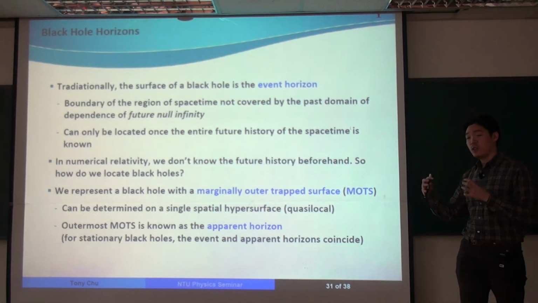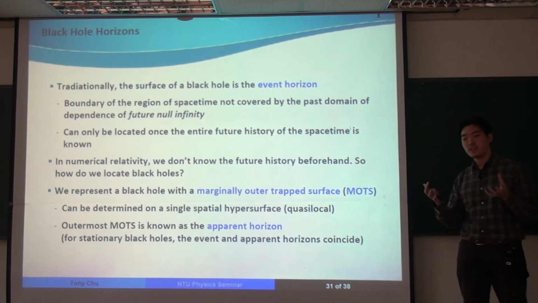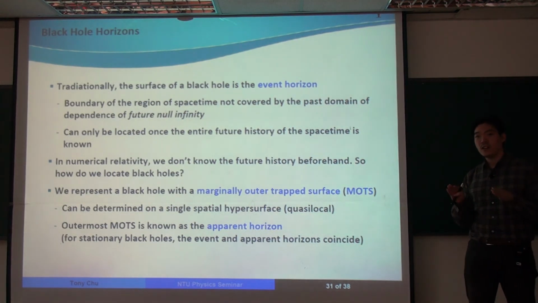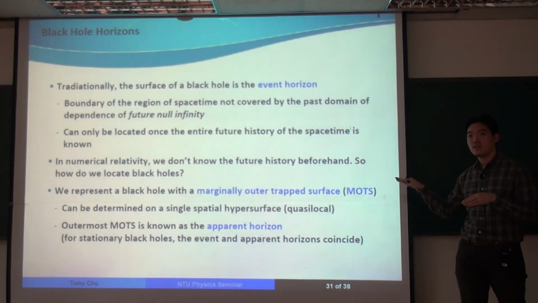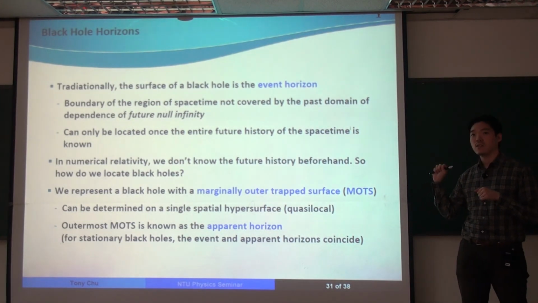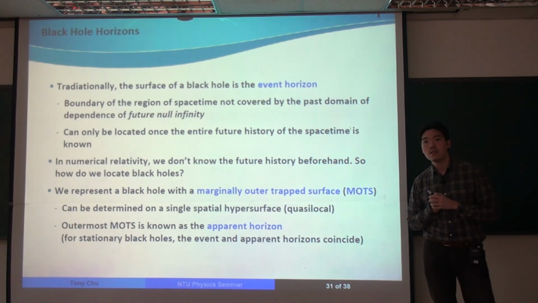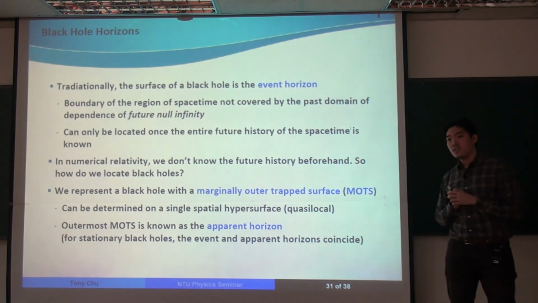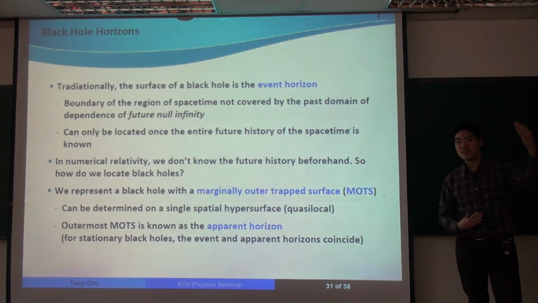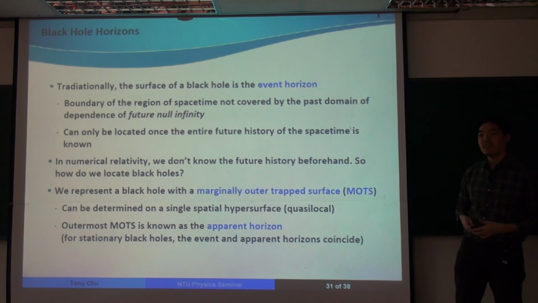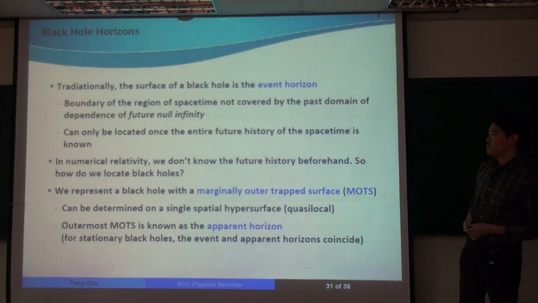Certainly for binary black holes, because they're not isolated, they will be distorted. But even that we cannot locate in our initial data. Right. So I'm saying that with an isolated black hole, you know what the event horizon is. Yes, because you know the future history. Yeah, because it doesn't change. Right, that's what I mean.